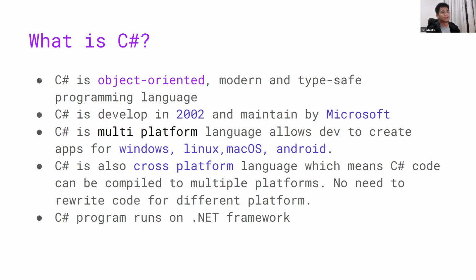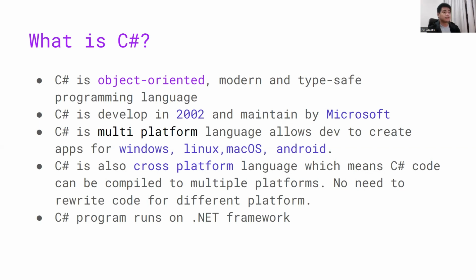For example, if you're going to create a mobile app, you don't need to worry about the native language that you can use to build those applications. Instead, you can also use C Sharp to build those applications. So no need to rewrite the code for different platforms because you can use C Sharp for all of these clients or platforms if you need to.